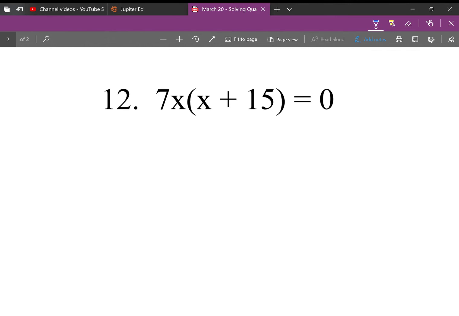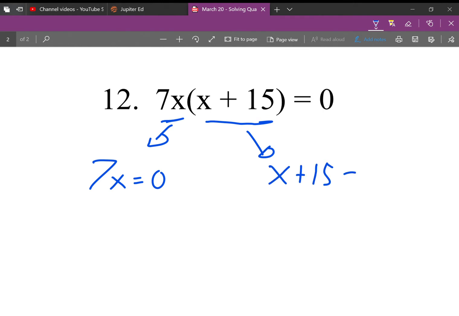But what we do want to notice is, I have 7x, which is a monomial, times a second thing, this binomial, gives me 0. Well, what does the zero product property say in this case? If two things multiply to get 0, that means either the first one, 7x, is equal to 0, or the second one, x plus 15, is equal to 0.